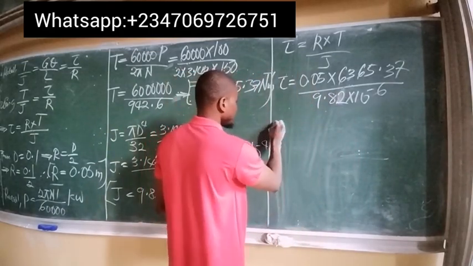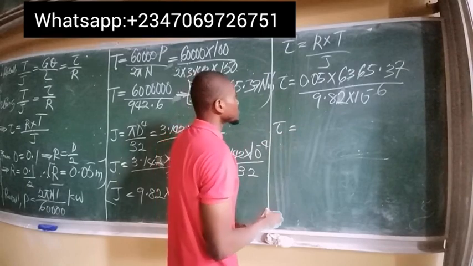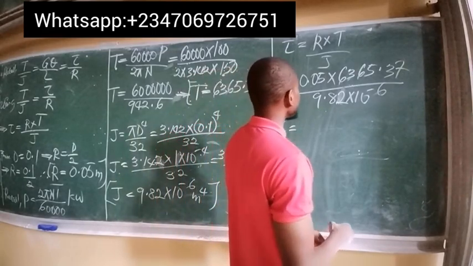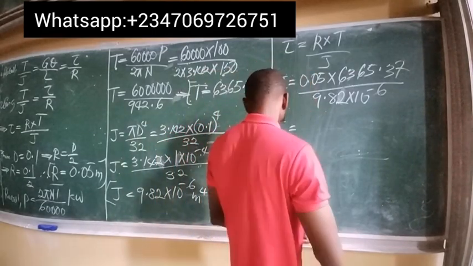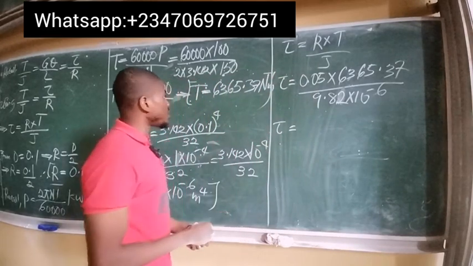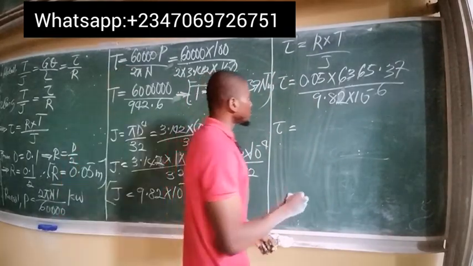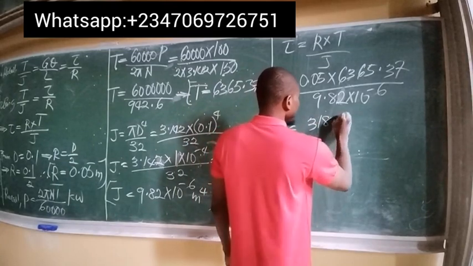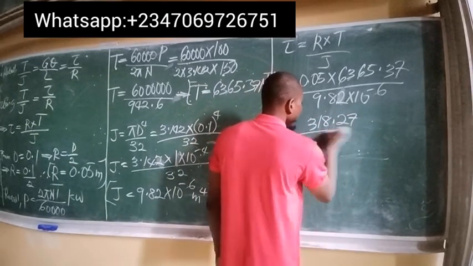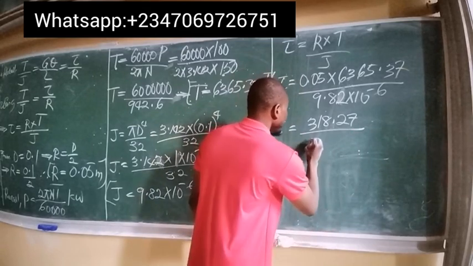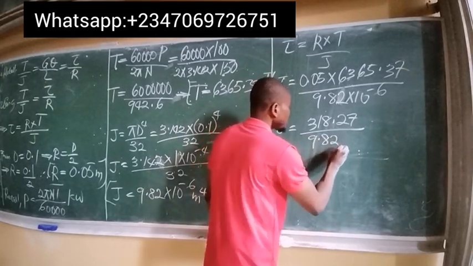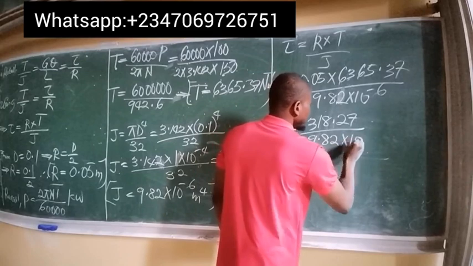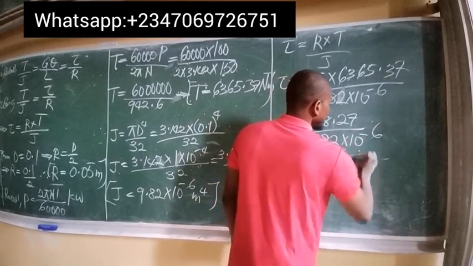So shear stress is equal to 0.05 multiplied by 6365.37. That gives us 318.27 all over 9.82 multiplied by 10 to the power of minus 6.